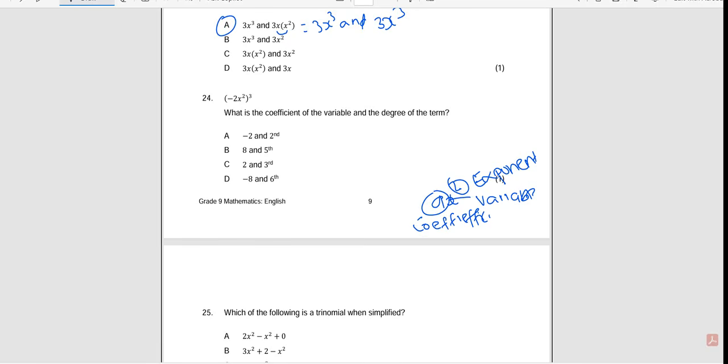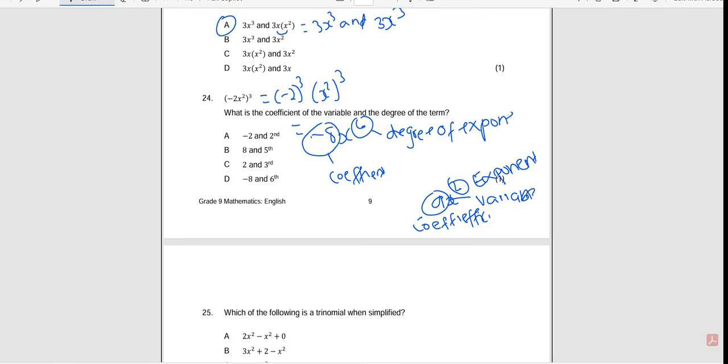It's going to be -2 to the exponent of 3, and x squared to the exponent of 3, which gives -8x to the exponent of 6. Meaning that this is my coefficient, and this is the degree. What's the correct combination? It is number D.